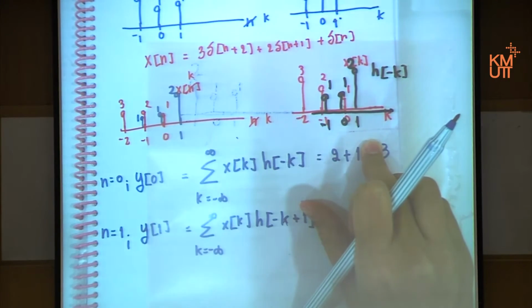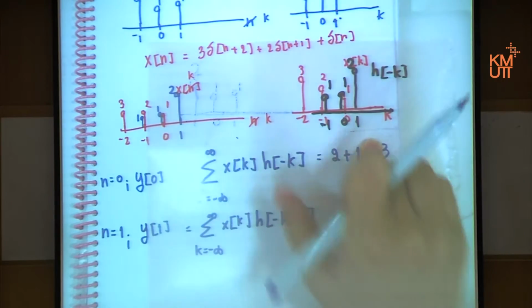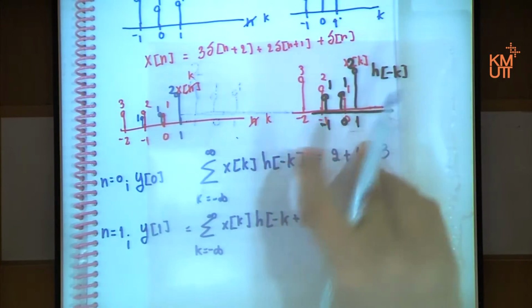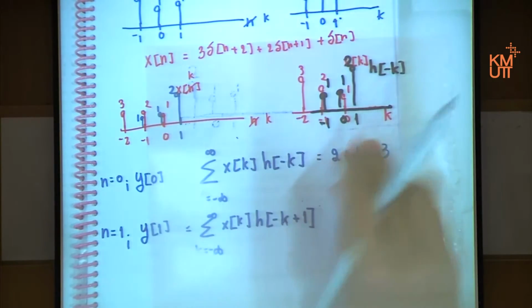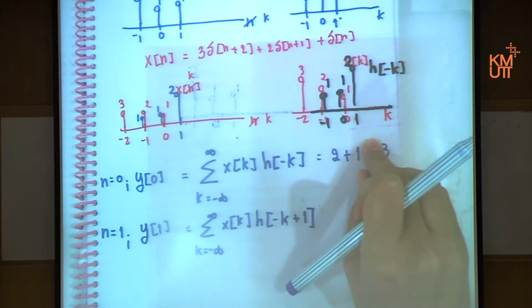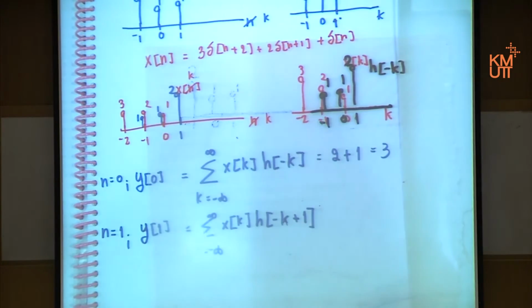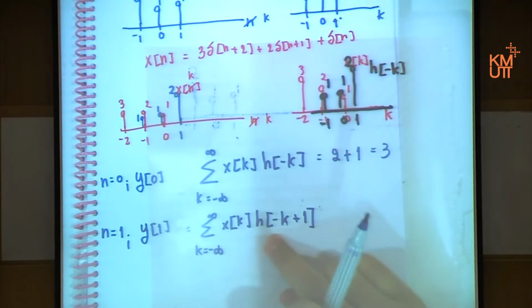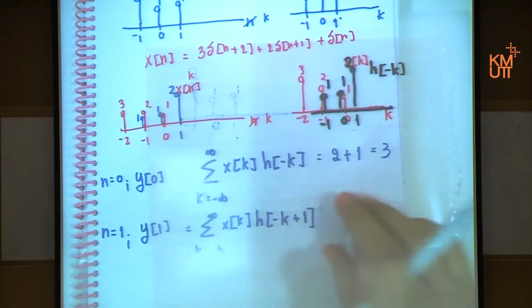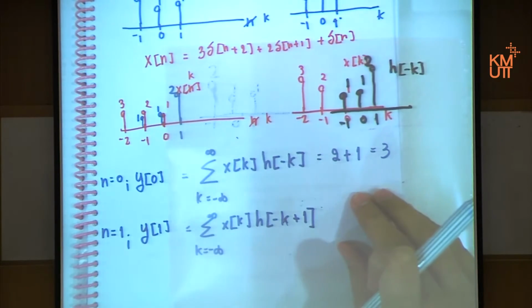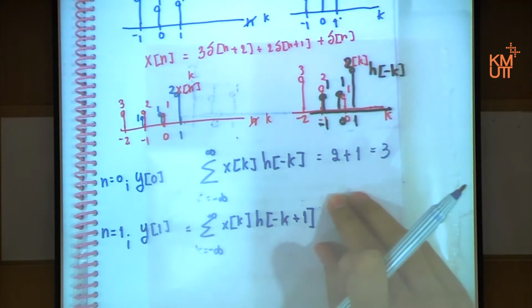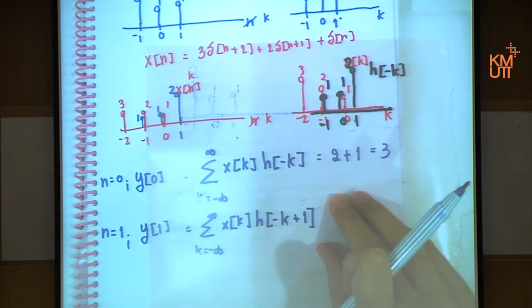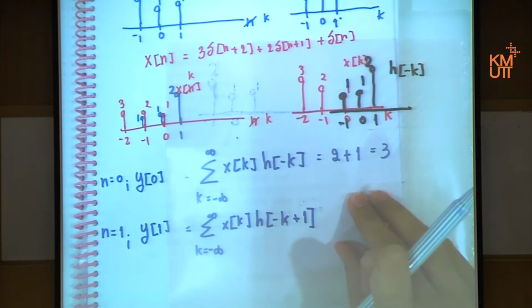When your n equal to 0, the two graphs will be like this, right? If you shift h minus k to the right by 1 unit, ตอนแรกมันอยู่อย่างนี้, shift to the right by 1 unit you get this one, right?